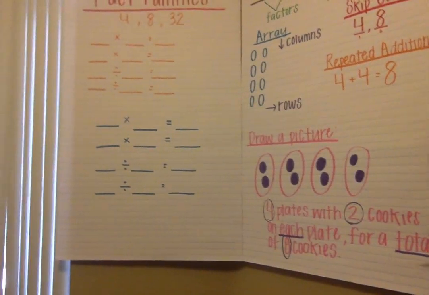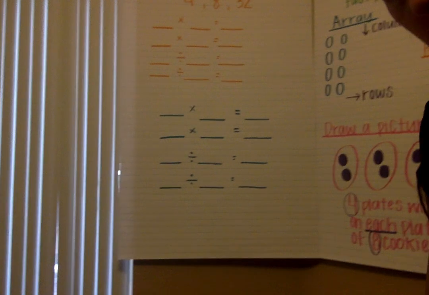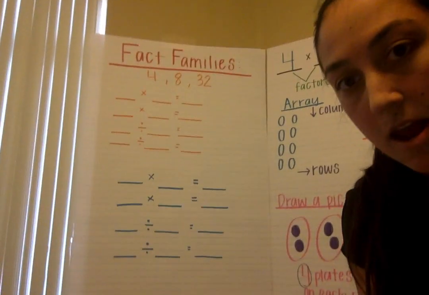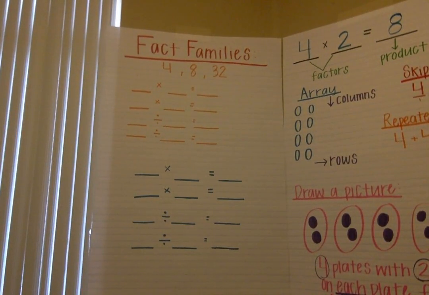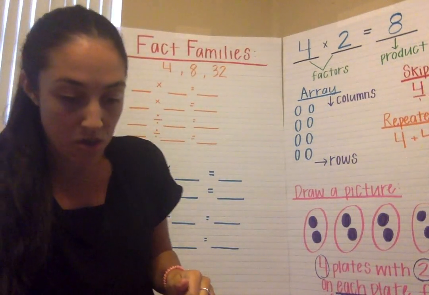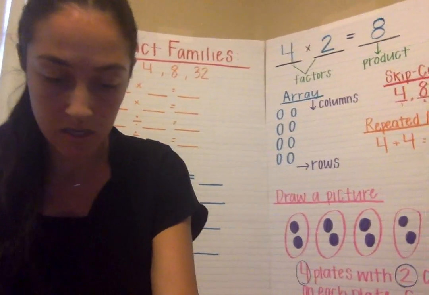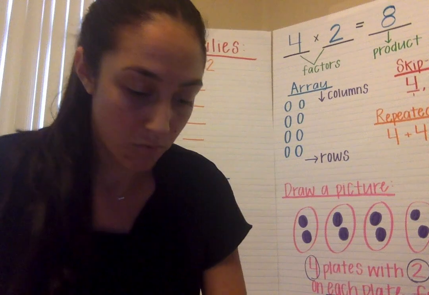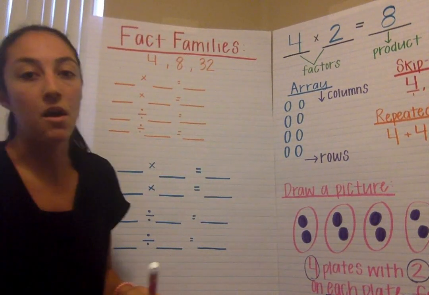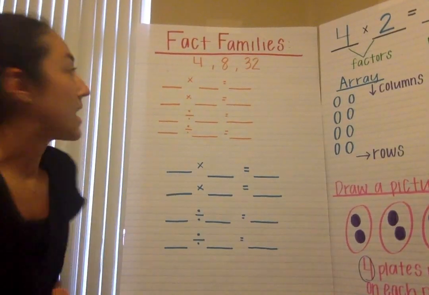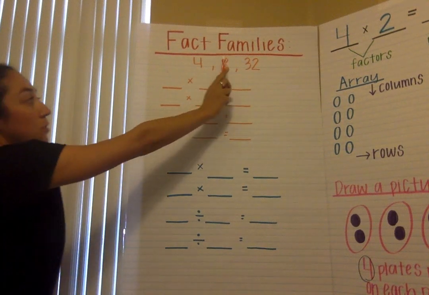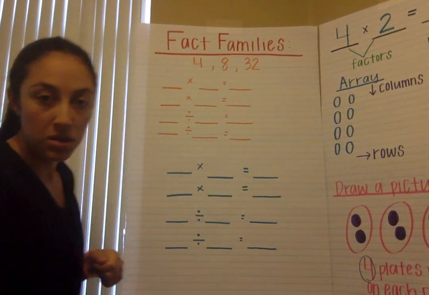So moving over to fact families, I'm going to swivel you over here. Now we are going to work and do this together so that you can see the difference between multiplication and division and how they also can work together. So I have the numbers 4, 8, and 32.